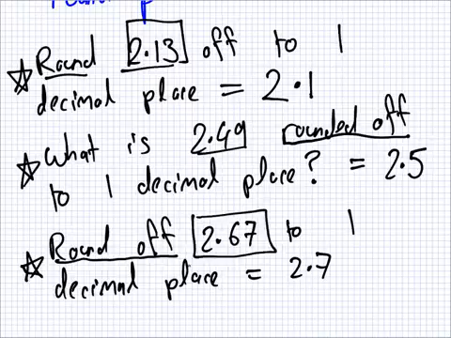I'm trying to think what most people say. I think it's 50-50. Half the time people would say this, and half the time people would say this. Okay, can you write these examples down of how to use round off?